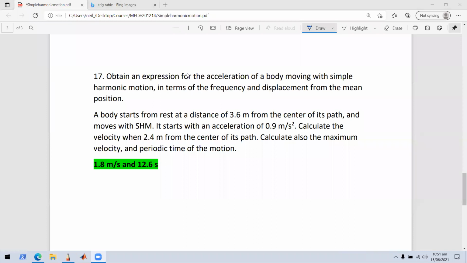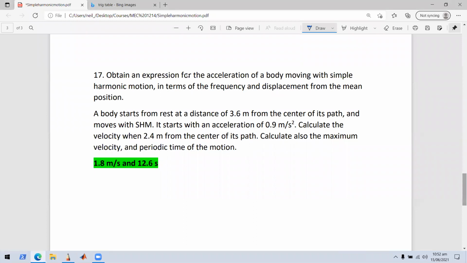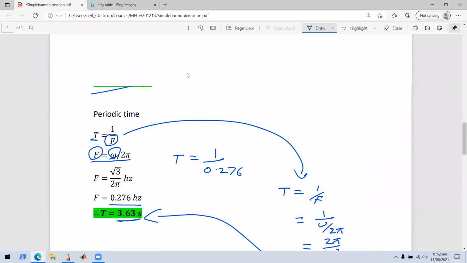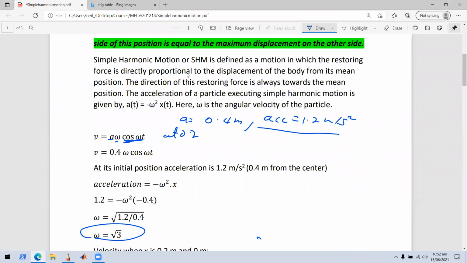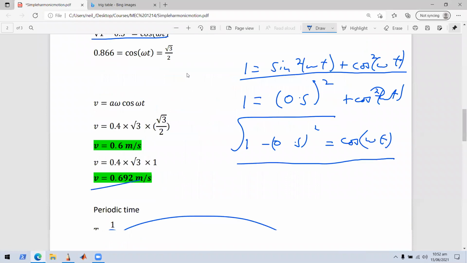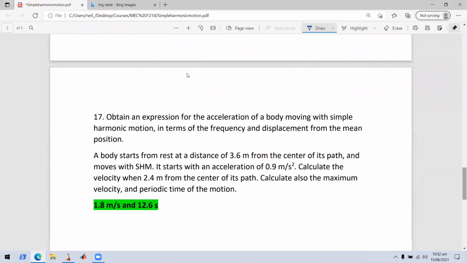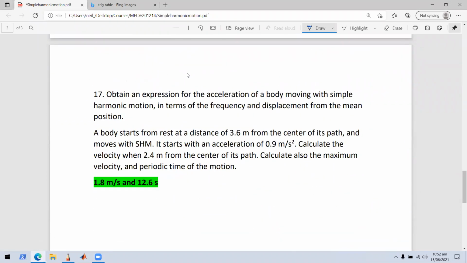Okay, so number 17 is exactly the same as number 9, right? So what I want you to do is work it and tell me whether or not you get the same answers. First, you want to obtain an expression for the acceleration of a body moving with simple harmonic motion in terms of frequency and displacement from mean position. We know that formula: acceleration is equal to minus omega squared times x.